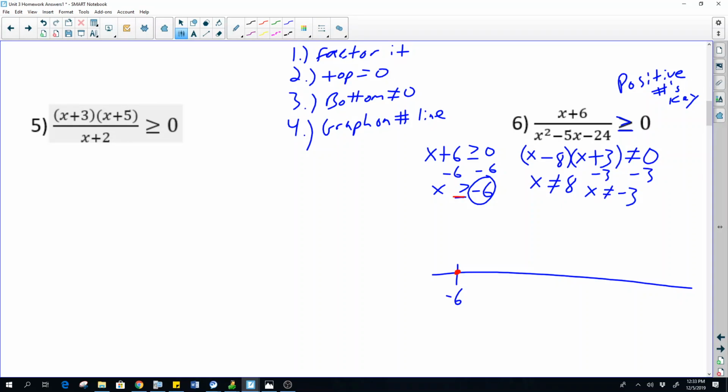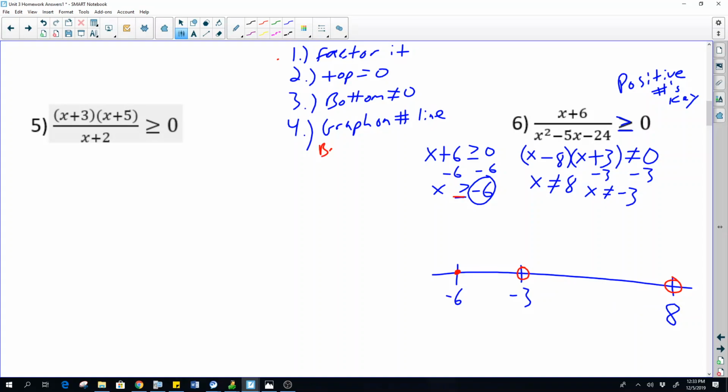And so then we're also going to graph those. So we got a negative 3 here and an 8 here. And since they're not equal to negative 3 or 8, is that an open hole or a closed hole? Not equal to is an open hole. Excellent. Okay, so graph on the number line.